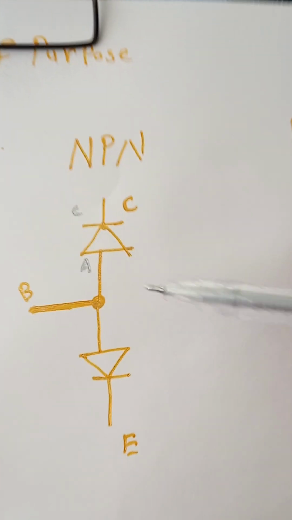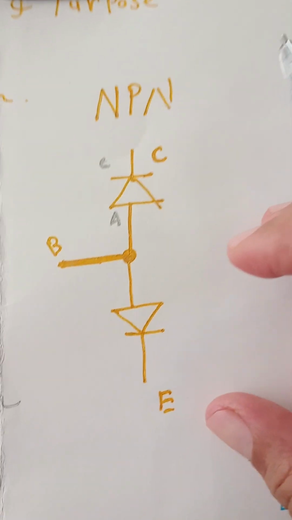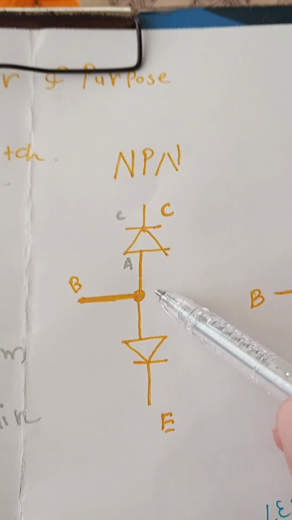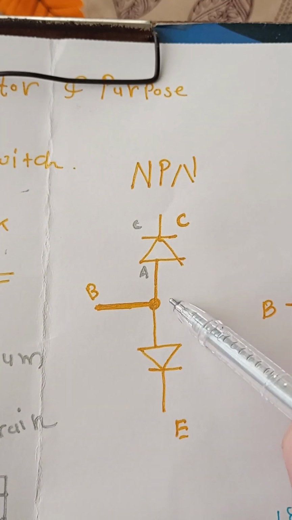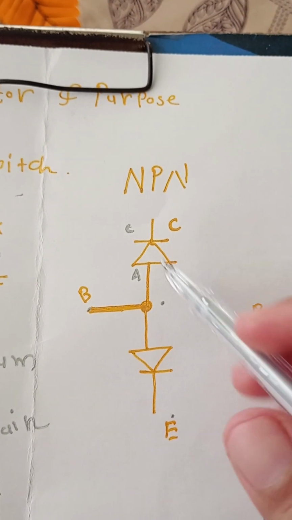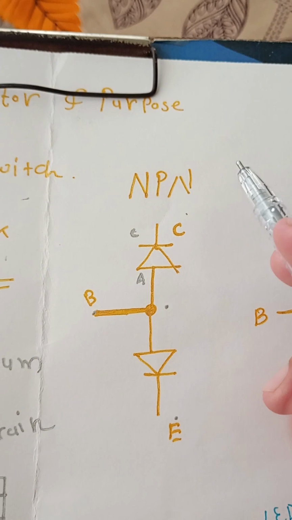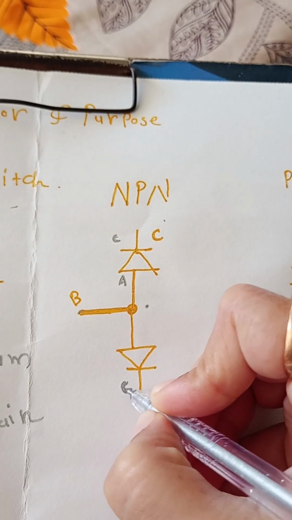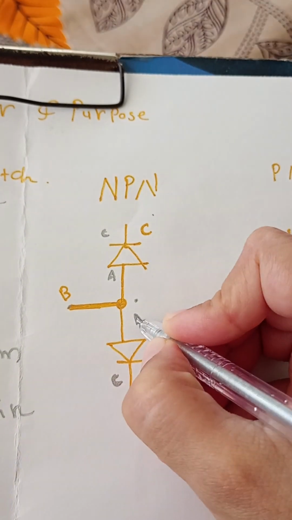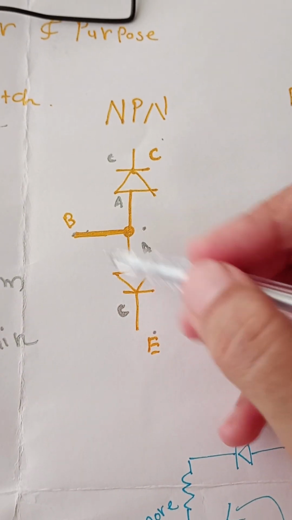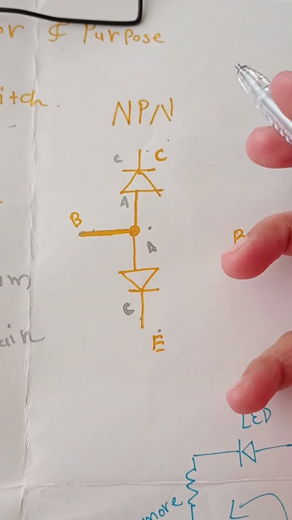This is very important to understand. In NPN, as we understood the symbol, base, emitter, and collector. Now this is the cathode and this is the anode, right. Two diodes are connected with three terminals.